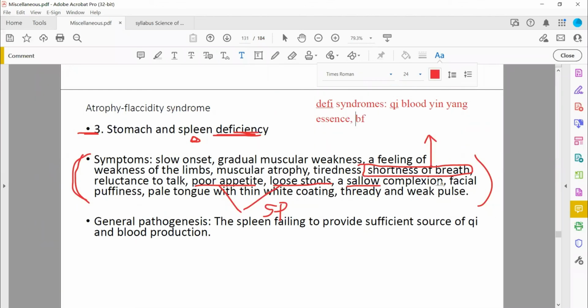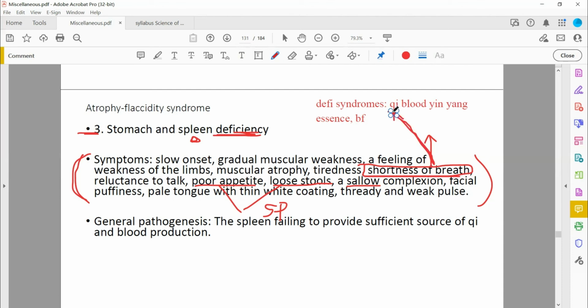So shortness of breath, which one is that? The lung is linked to all the organs and works together with the spleen, but this is the spleen. And this one, which deficiency? Qi, blood, yin, or yang? It is qi deficiency, not enough qi, so there's shortness of breath.